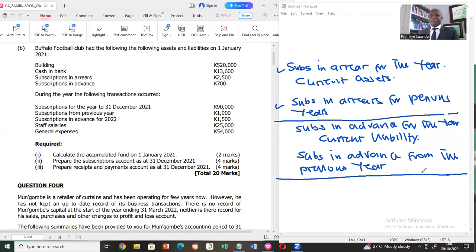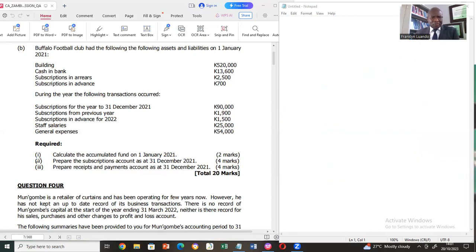Is that okay now? So now we can look at the question at hand. Buffalo Football Club had the following assets and liabilities on 1 January 2021. We have the buildings, cash in hand, subscriptions in arrears.